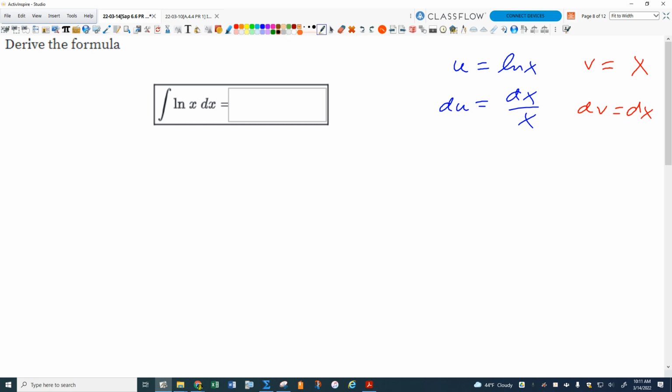Okay, we've got it then, right? We get the integral of u dv equals uv.